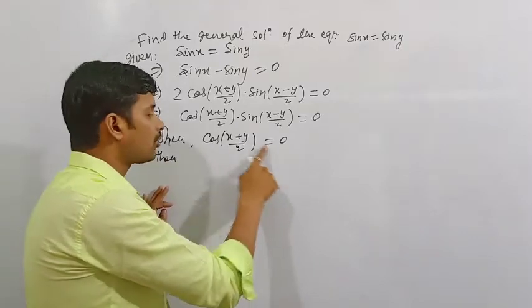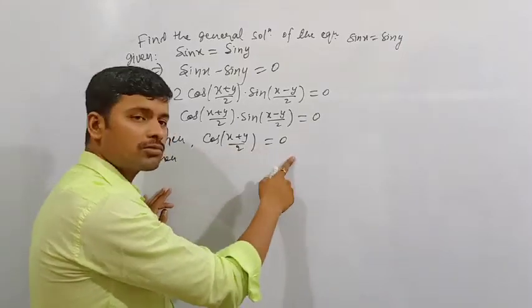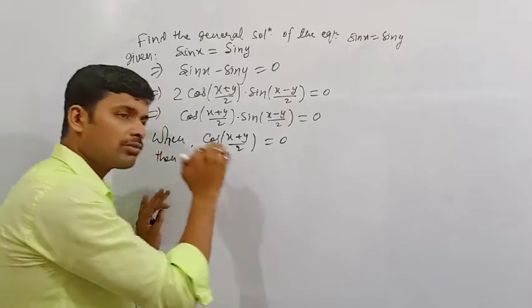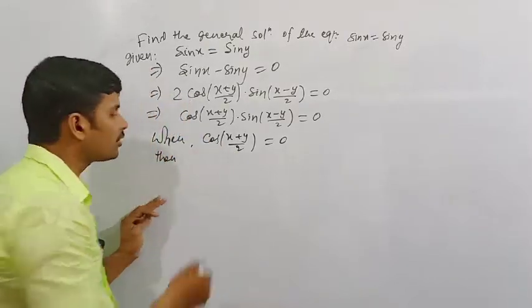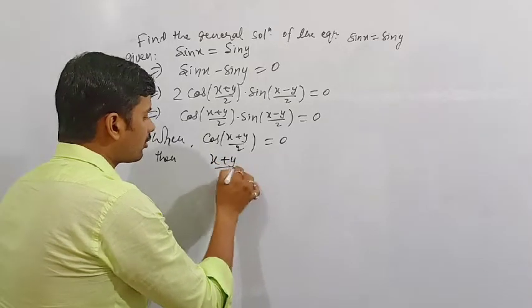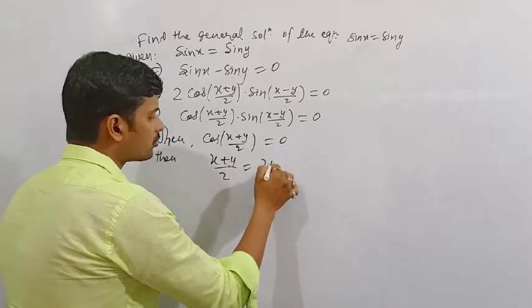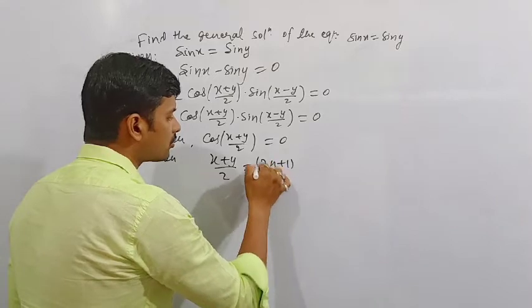this is of the type cos theta is equal to 0. So its general solution will be theta equals odd multiple of pi by 2, that is (2n plus 1) into pi by 2. What will we have? (x plus y) by 2 is equal to (2n plus 1) into pi by 2.